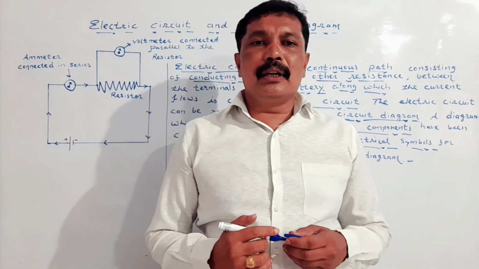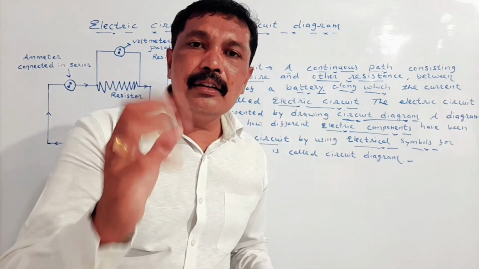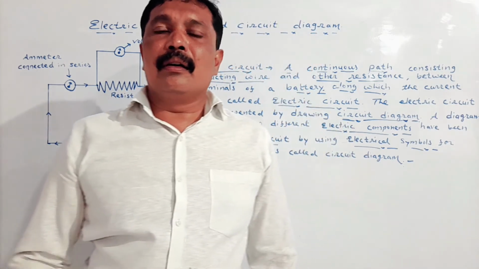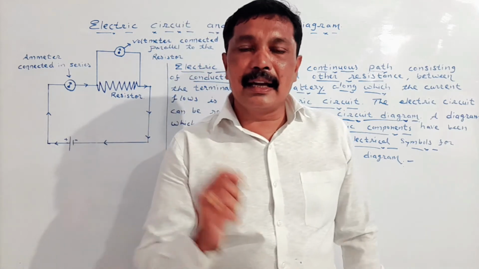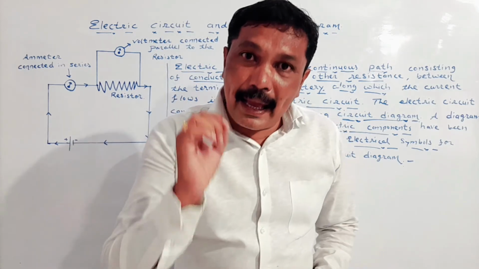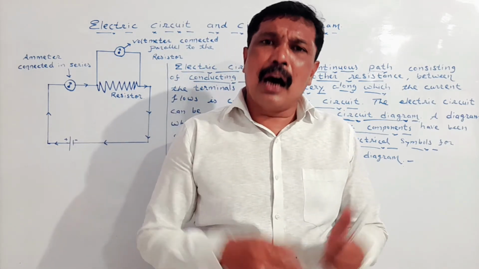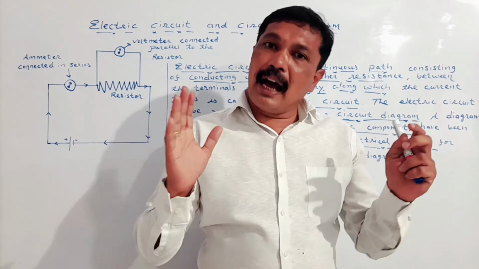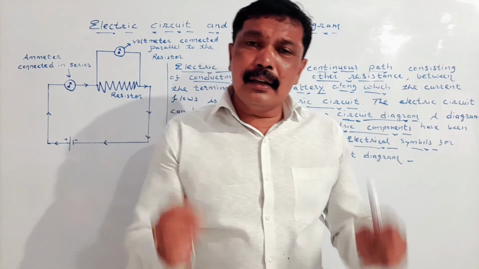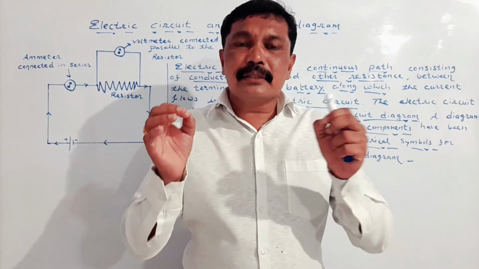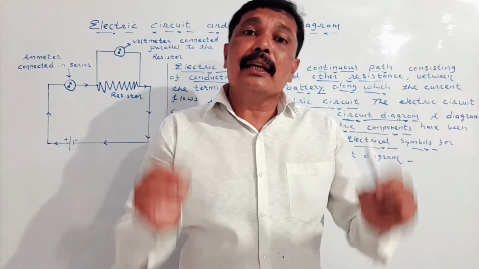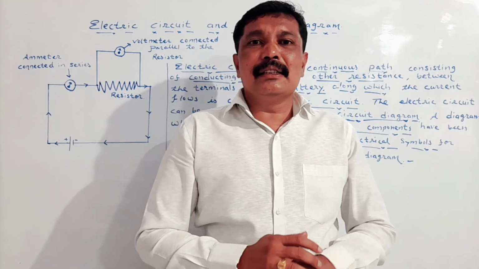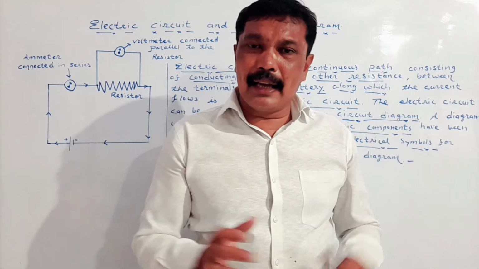My dear student, we can represent electric circuit by drawing circuit diagram. The diagram which tells us how different electrical components are connected in an electric circuit by using electrical symbols is called a circuit diagram.